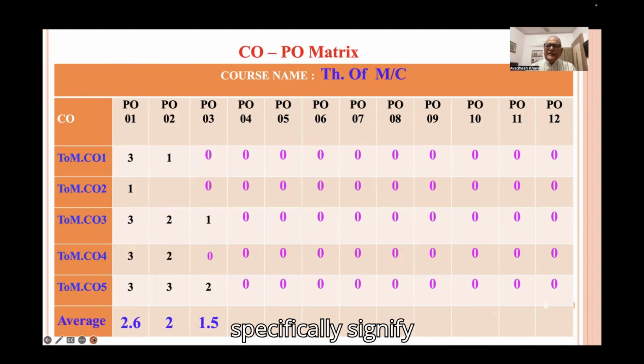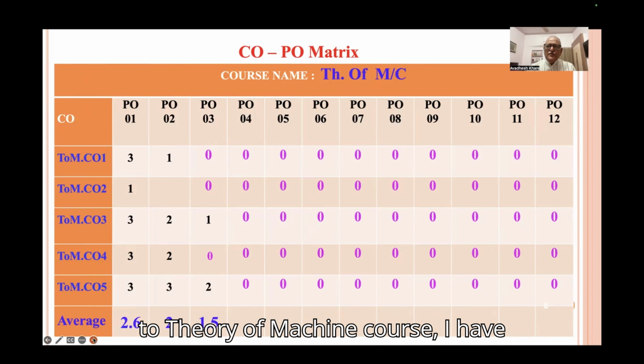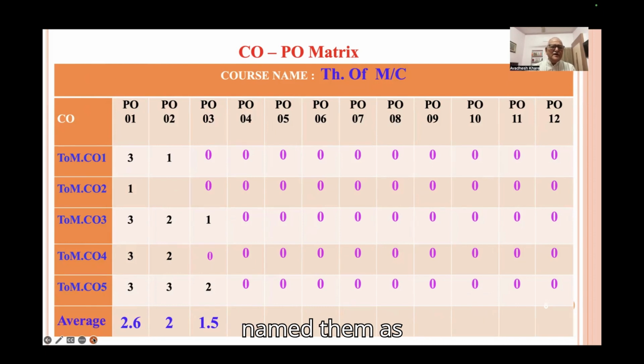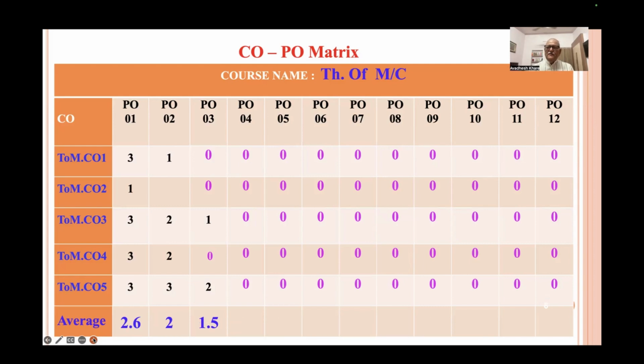To specifically signify that these course objectives belong to the Theory of Machines course, I have named them TOM.CO1, TOM.CO2, TOM.CO3, and so on. Then in the first row, all POs, PO1, PO2, PO3 up to PO12, have been written.